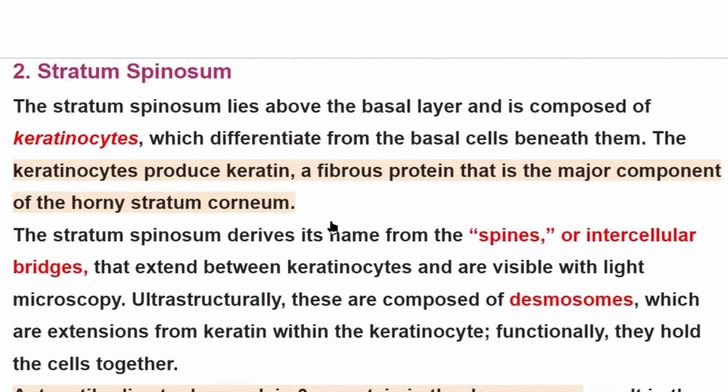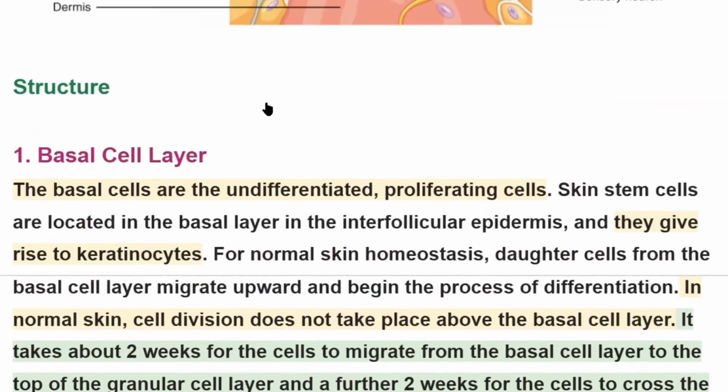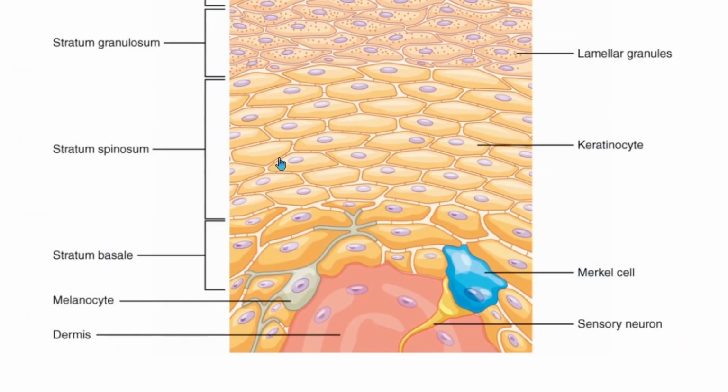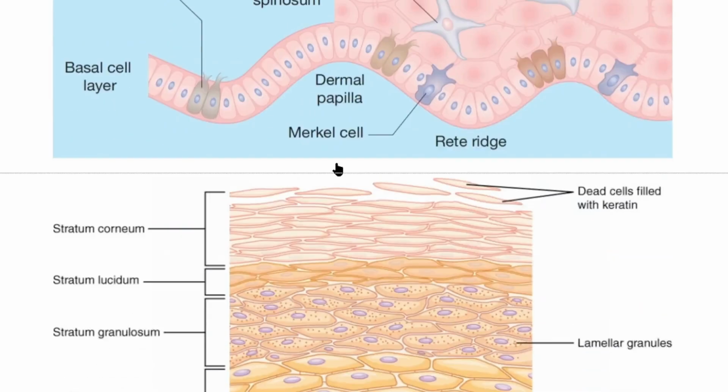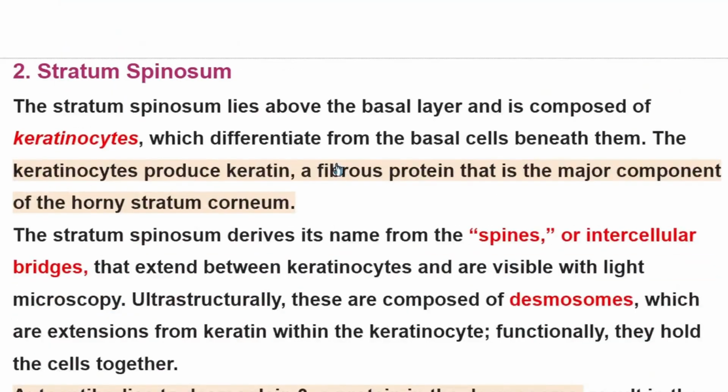The second layer of the epidermis is stratum spinosum. We are going to talk about this layer, stratum spinosum. The stratum spinosum lies above the basal layer and is composed of keratinocytes, which differentiate from the basal cells beneath them.